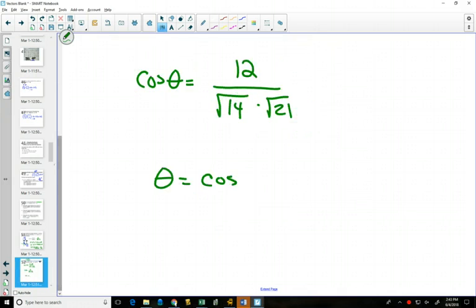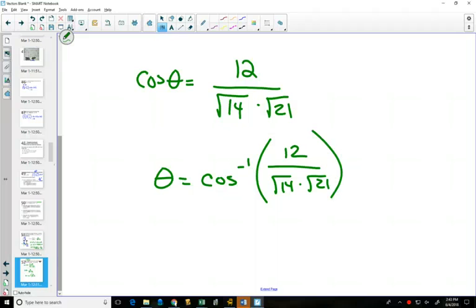We can now find theta by doing cos inverse of 12 over the square root of 14 times 21.